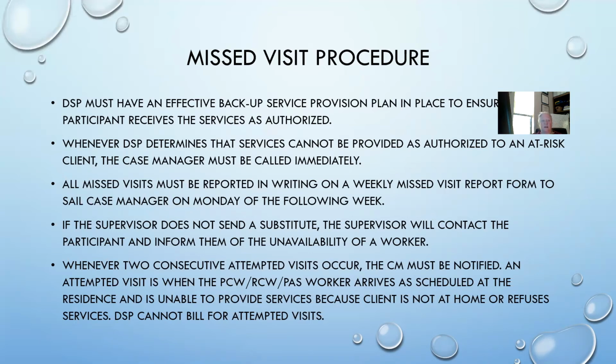Whenever 2 consecutive attempted visits occur, the case manager will be notified. An attempted visit is when the personal care worker, respite care worker, or personal assistant services worker arrives as scheduled at the residence and is unable to provide services because the client is not at home or refuses services. The DSP cannot bill for attempted visits.